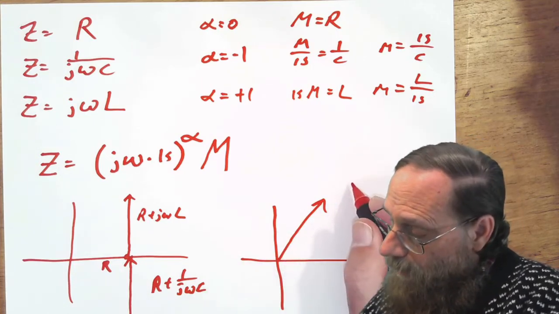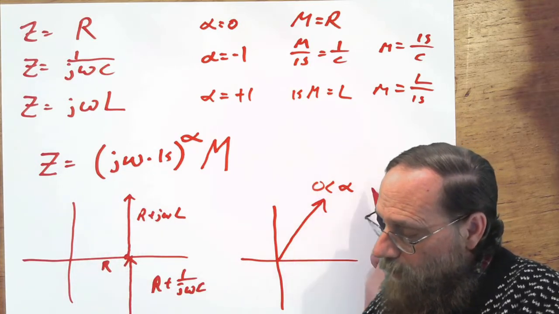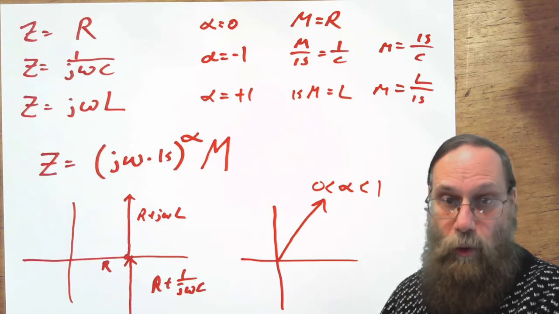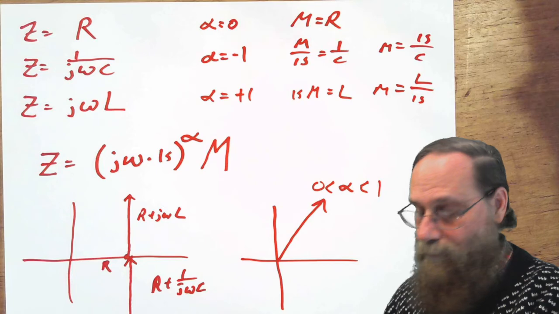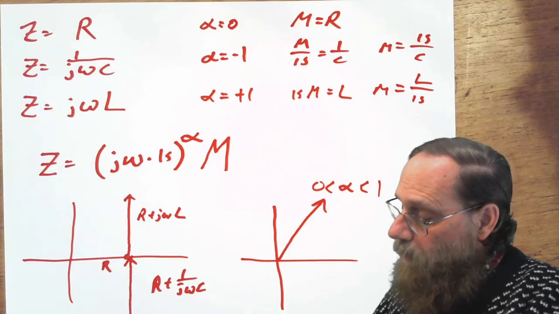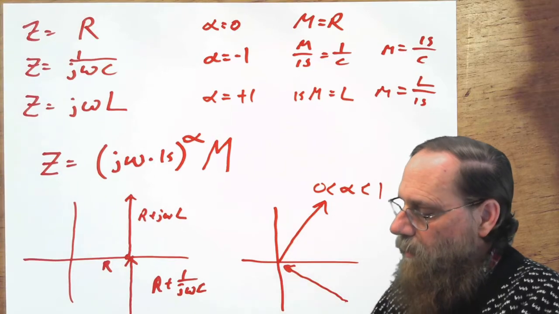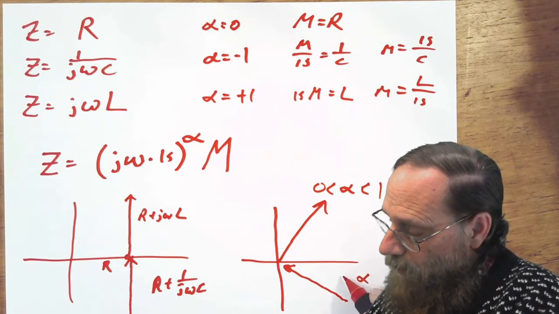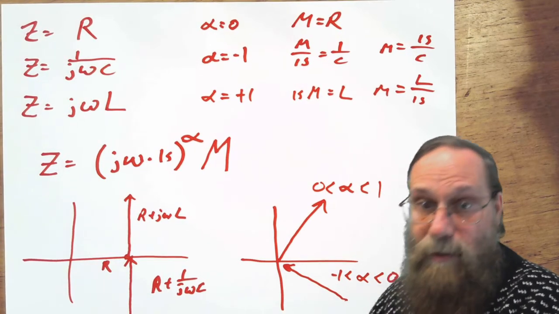And we can get that with this more general formula if we have alpha between 0 and 1. 0 would be not changing, and 1 would be moving vertically. Similarly, we can have something that comes in at an angle if we have alpha between -1 and 0.